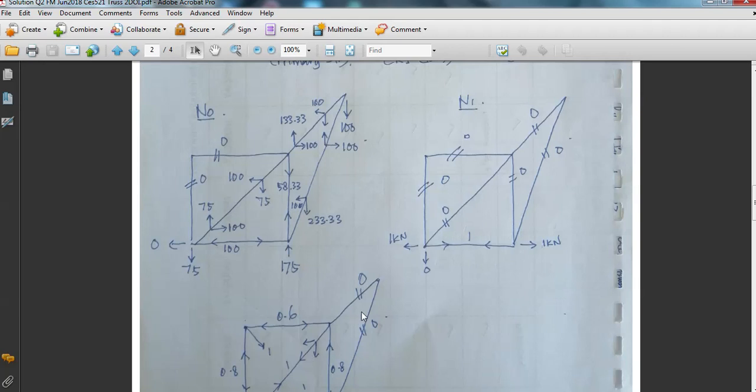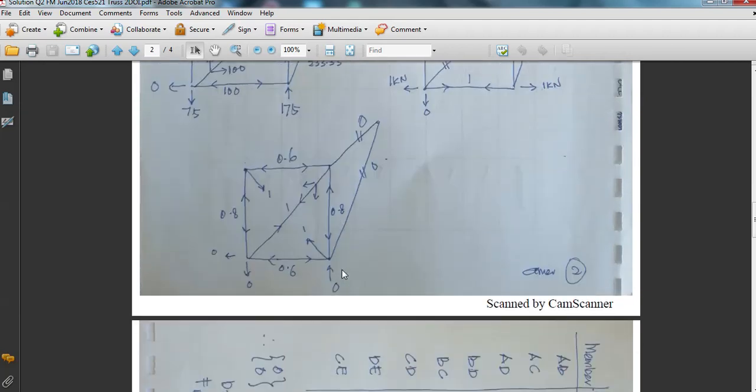I will explain in detail in the next video how to analyze this structure using the simplified joint method, or easy method. So I will continue after we determine N0, N1, N2.